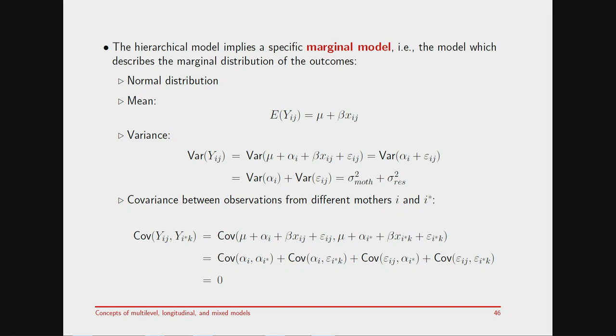What about the covariance or the correlation? Because that's what we're interested in. I already said that we need to take into account that correlation. Well, how is that done here? If we take two observations from different mothers, so you take two animals and they don't have the same mother, let's say the first animal has mother i, the second animal has mother i star, then this would be the expression for the outcome for the first animal.